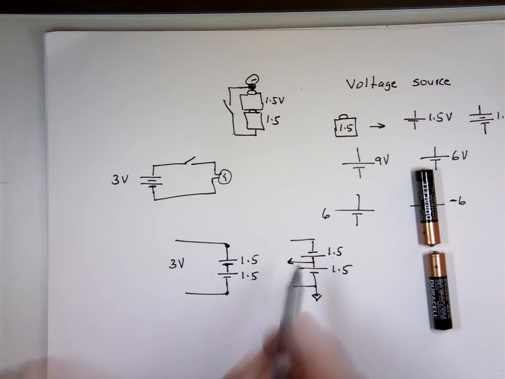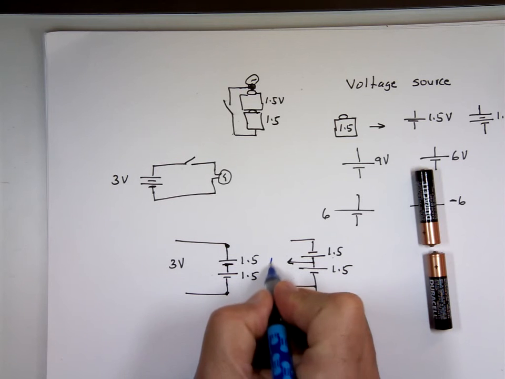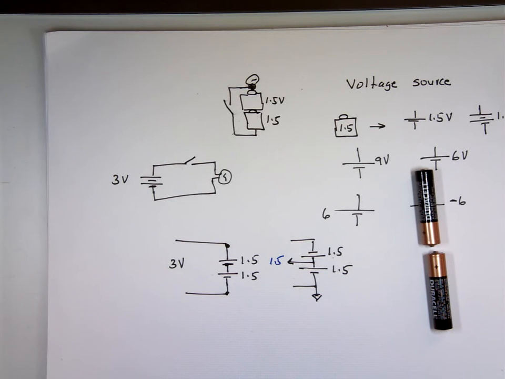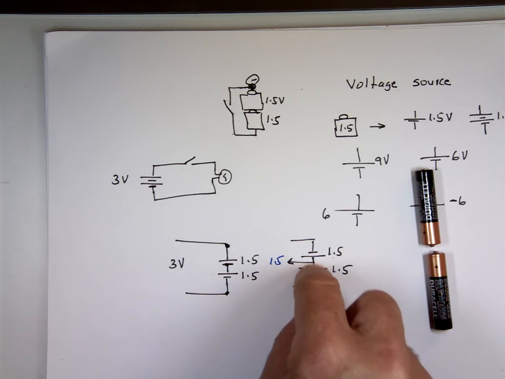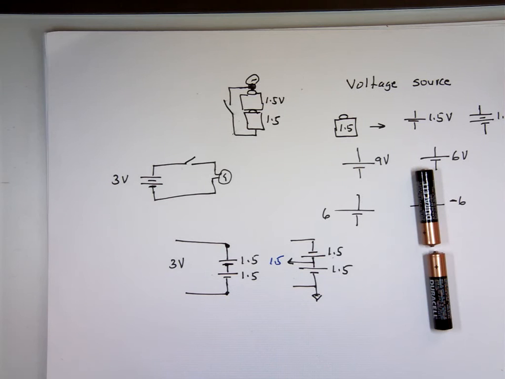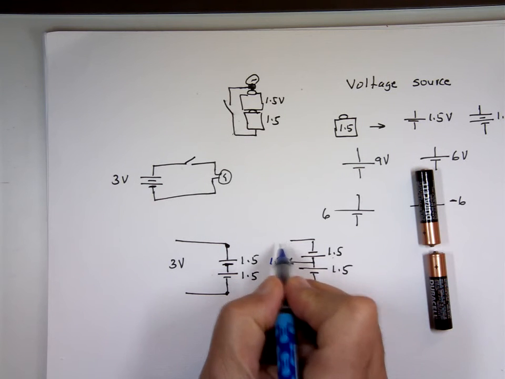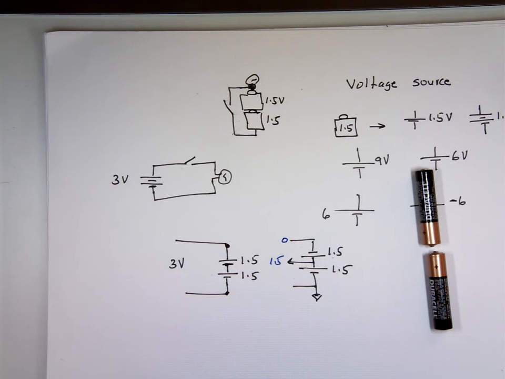So this end here should be 1.5. And the way this is set up, notice the longer piece, it says this end is 1.5 higher than that. So this will have to be what? 0. So if I measure between the top and the bottom, I should read 0 voltage. They cancel each other out.